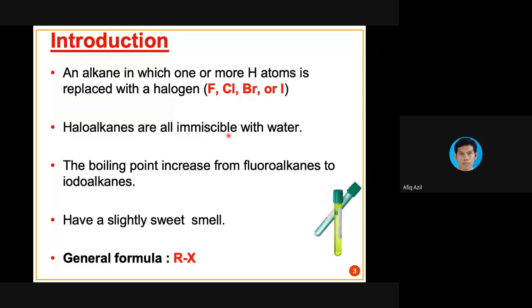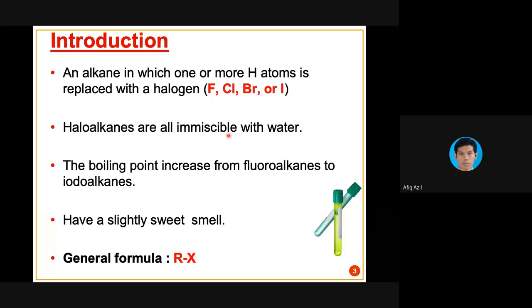Okay, correct. That means if you mix haloalkane with water, it does not form a homogeneous mixture. So probably they will have a separate layer or two distinct layers. Unlike later when we see alcohol, alcohol normally can mix well with water.